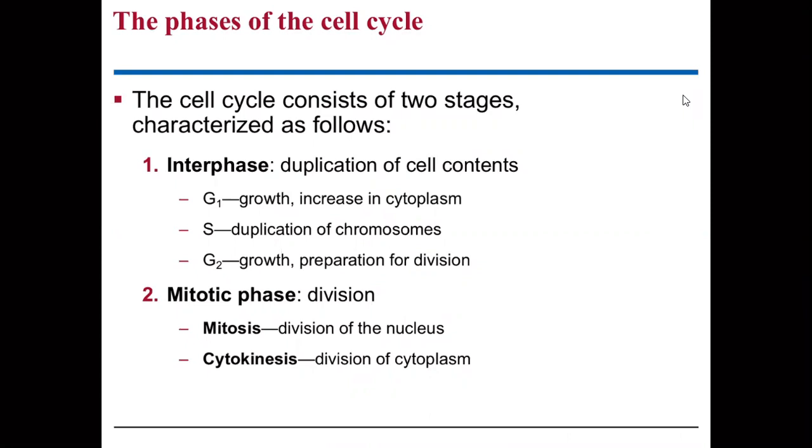Okay, so now let's go to the phases of the cell cycle. The cell cycle can be broadly divided into these stages. First is the interphase. This is the preparatory phase, where the cell contents are duplicated. Under the interphase, you have substages.